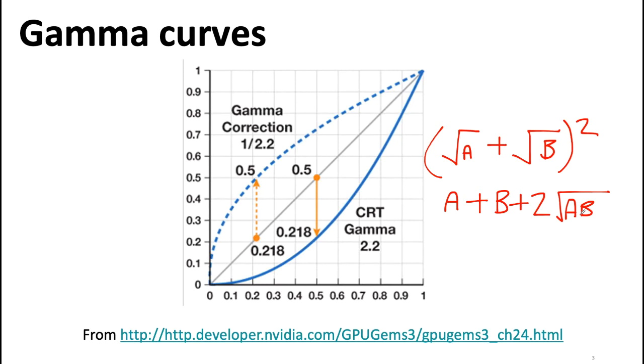But if somebody comes along later and tries to add a light to the scene, everything gets kind of weird. If you have a professional cinematographer who does lighting for a living, the lights in your game engine just don't combine in the way that they're used to. Now, again, I've used square roots and squares here to make the math easy to describe. The real power you need to look at is something closer to 2.2.